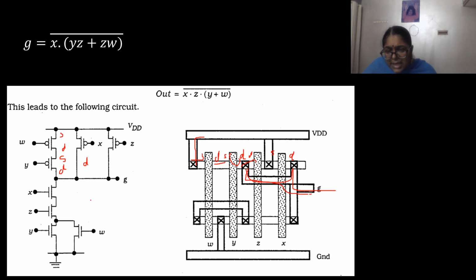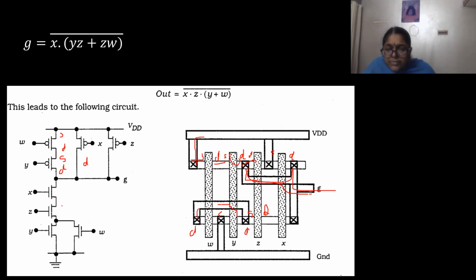Similarly, on the NMOS side, the sources of Y and W are connected to ground. So this is marked as the source for W and Y connected to ground. The other side is the drain. The drains of both these transistors are connected together through metal here, and then that is connected to the source of Z. So this side will be the source, and automatically the other side is the drain.